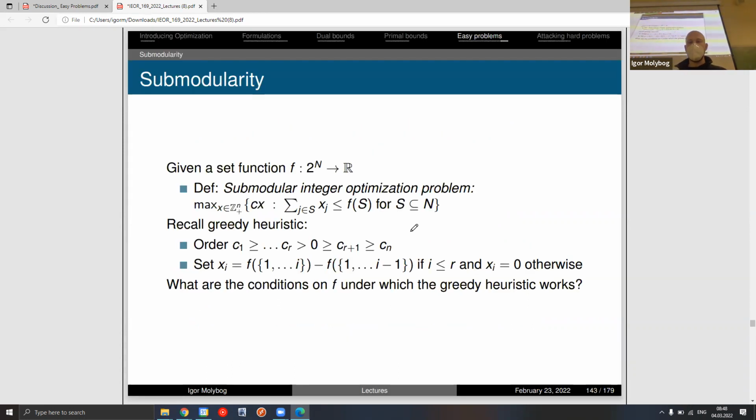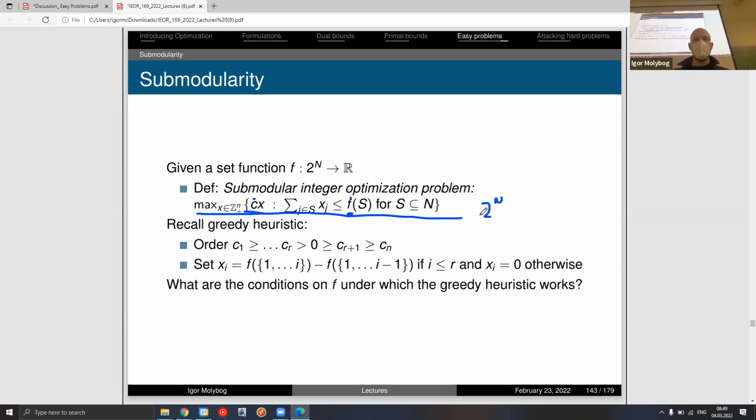A submodular integer optimization problem is the problem of this form right here. We again have a linear objective, and we have a set of constraints. We have 2 to the n constraints, which are defined with the function f. So this entire problem has 2 main parameters: the vector c and the function f.